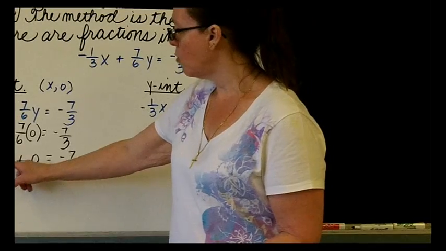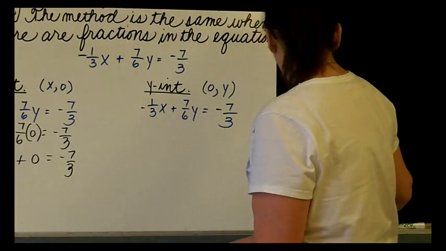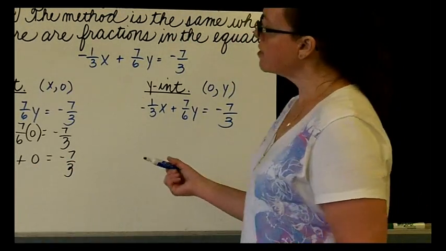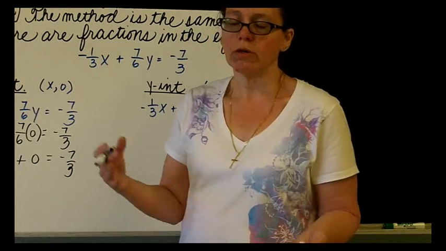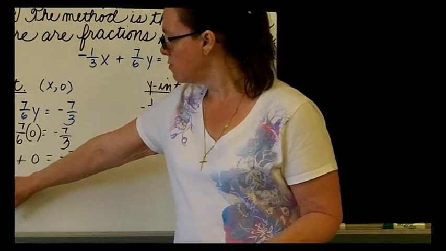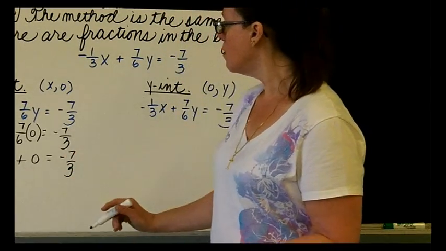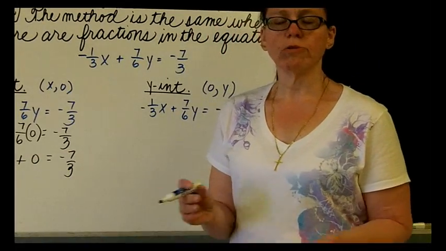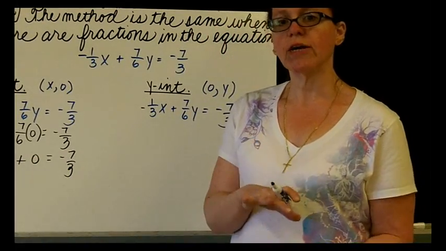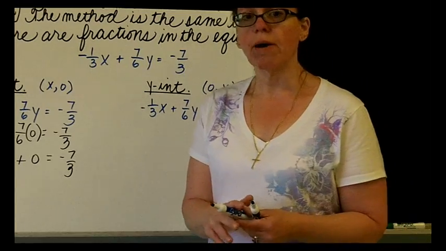Just to remind you that when the coefficient of the x, or any variable for that matter, is a fraction, the way to get rid of it is to, well, you know you're dividing, so you have to divide both sides by -1/3. And you know that when you're dividing by a fraction, you actually have to multiply it by its reciprocal.